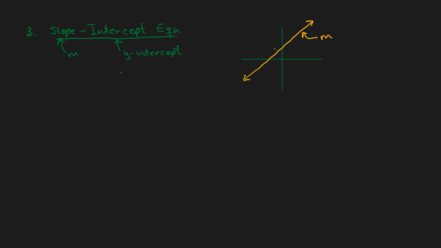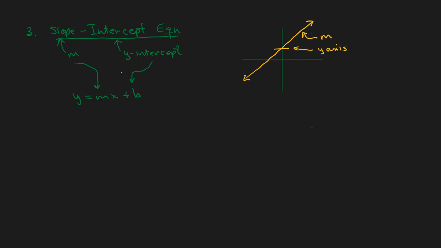And the second thing it's going to tell you is where this particular line intersects the y-axis, the y-intercept. In order to get the equation of this line, we're going to use y equals mx plus b, m here being the slope, and b representing the y-intercept.